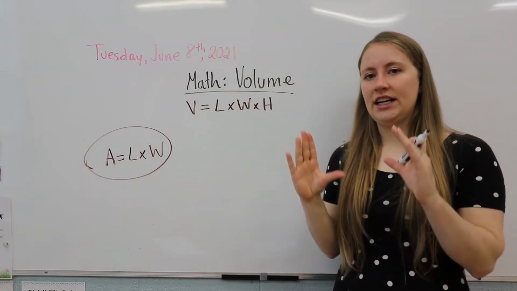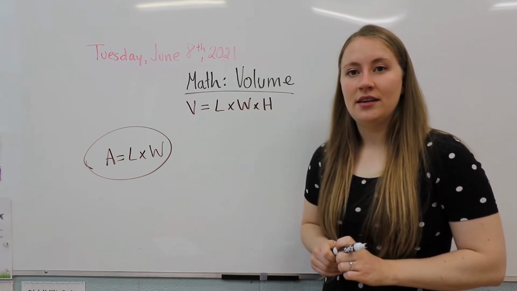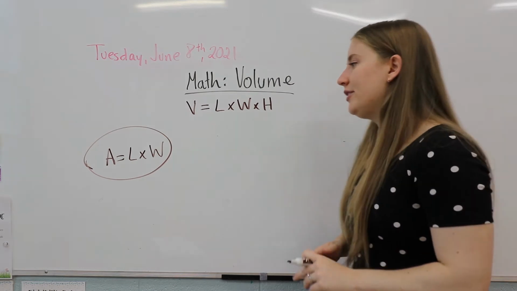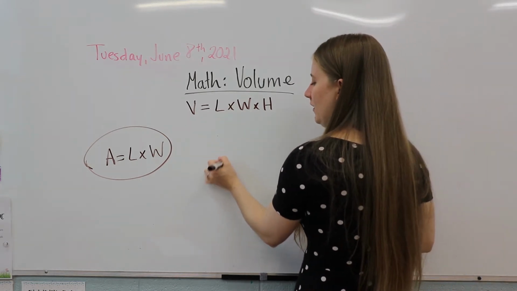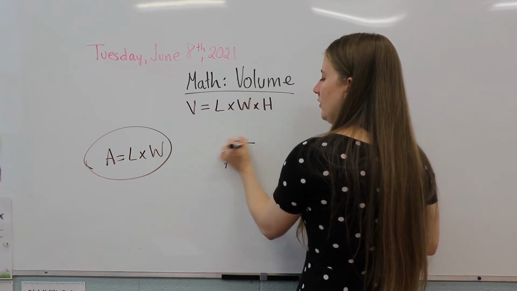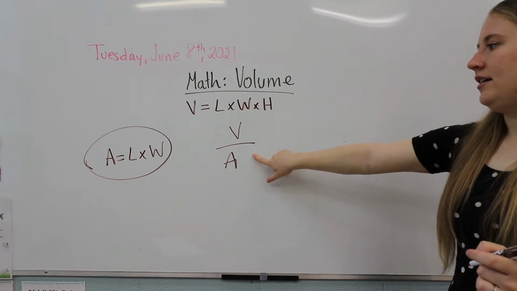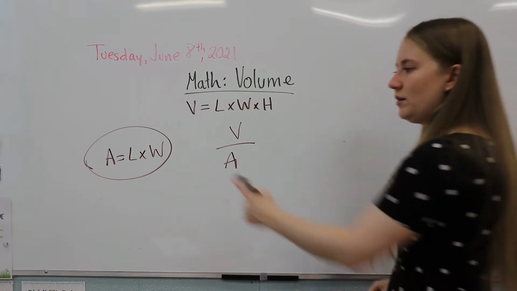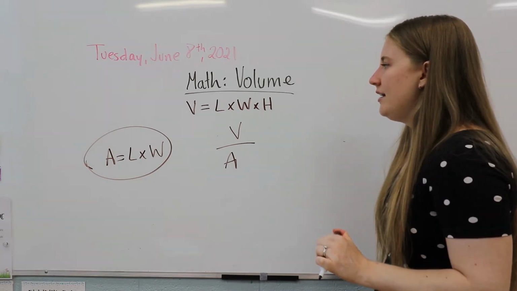The area of like a rectangle or a square shape is length times width, okay? So if we're given the area of one side and the volume, we can divide the volume by the area, because what we're doing is the same thing as we just did. We divided it by the length and the width.